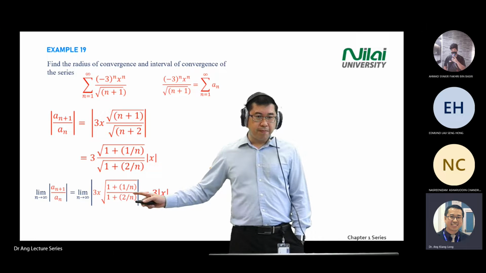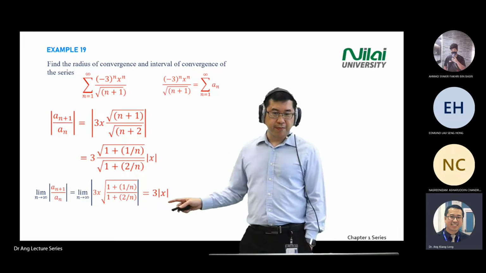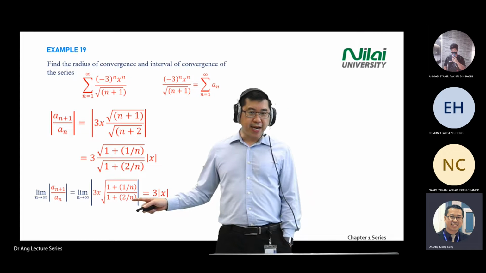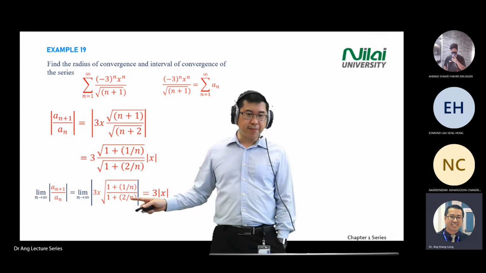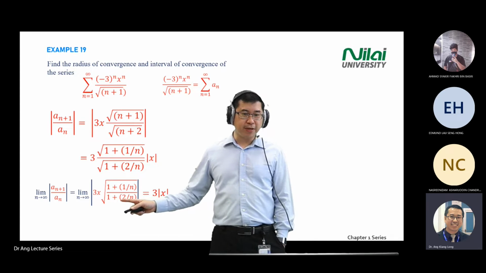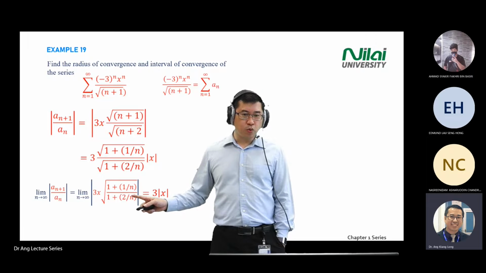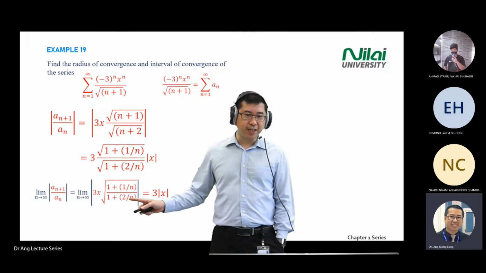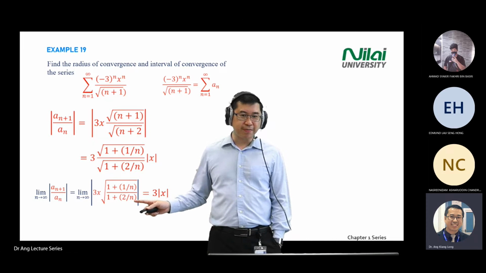So again, how do you process the information here? Increase the n, what do you get? 2 over a very big number. 2 over a very big number, actually you will get 0. Imagine you press your calculator, 2 over 1 million, you get 0.000 something.